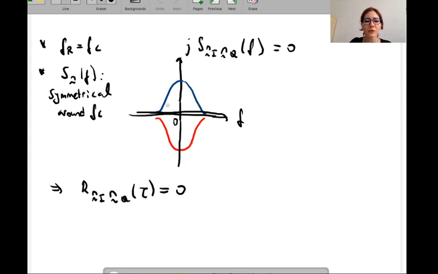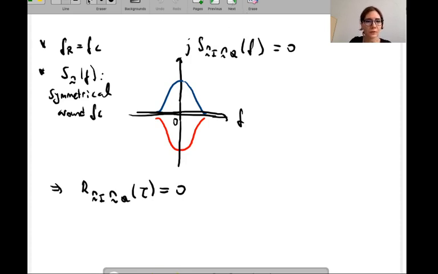If these are symmetric, these two will cancel, so the cross spectrum is going to be 0, which means that the cross correlation function is going to be 0, and this means that Ni(t + tau) and Nq(t) are orthogonal random variables.